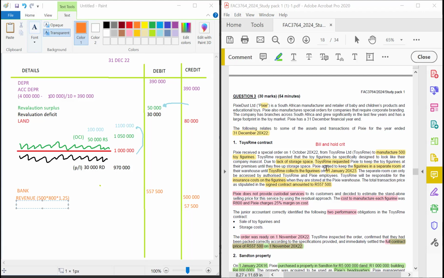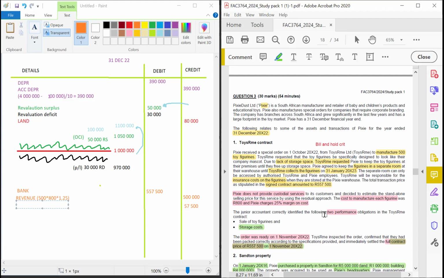So remember now, Toys RM does not have storage, so they requested Pixie to keep these toys for them. So they paid them an amount in advance, right? So this amount paid in advance, in revenue, we call it a contract liability, right? It means that the customer has paid, but now the entity has an obligation to deliver the performance obligation. Remember, storage costs are also a performance obligation.